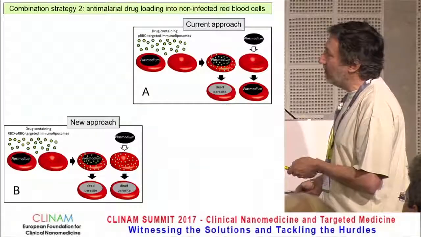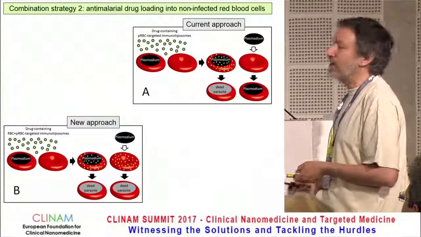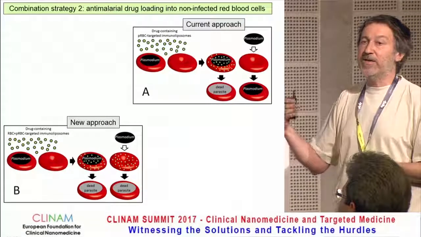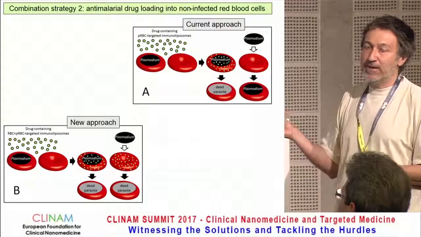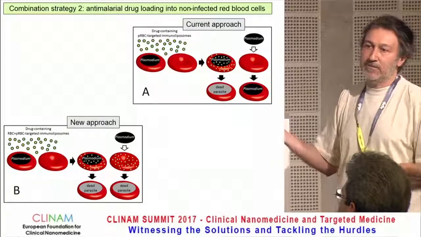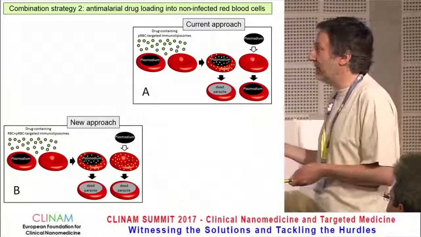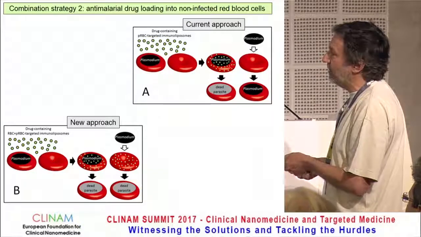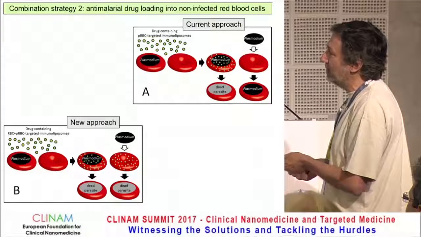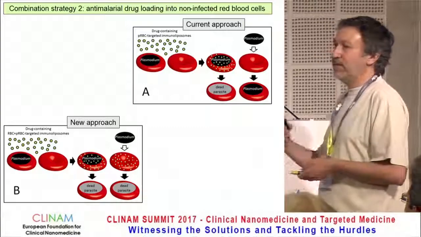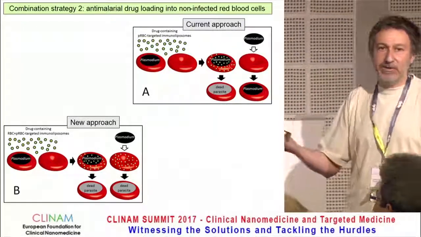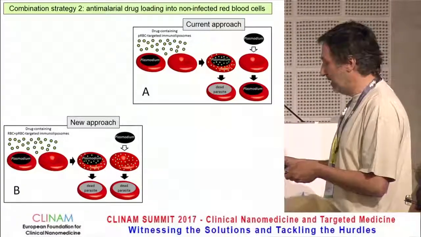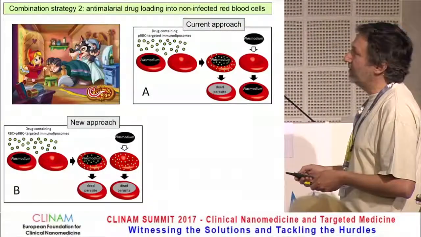We were also loading drugs in non-infected red blood cells, as long as this drug doesn't interfere with the normal red blood cell metabolism, which for most of the antimalarial drugs I think they don't. What we were achieving here was a very good efficacy, because we think that when Plasmodium enters the red blood cell, if it already encounters the drug from the beginning, it's very complicated for the parasite to evolve and to live.